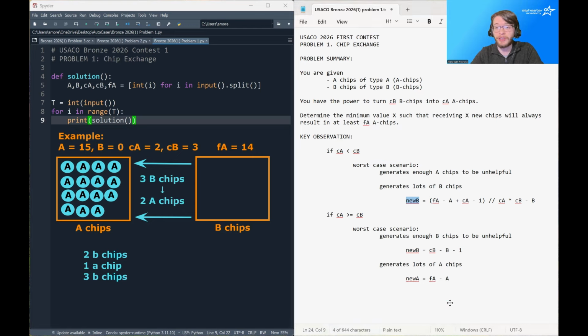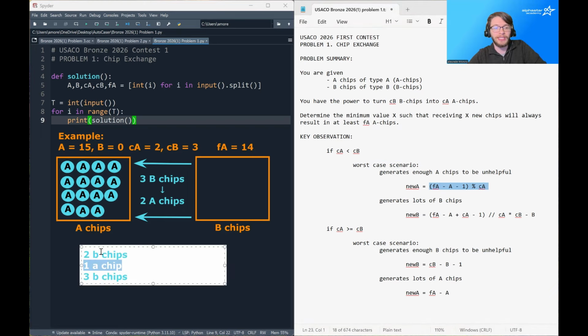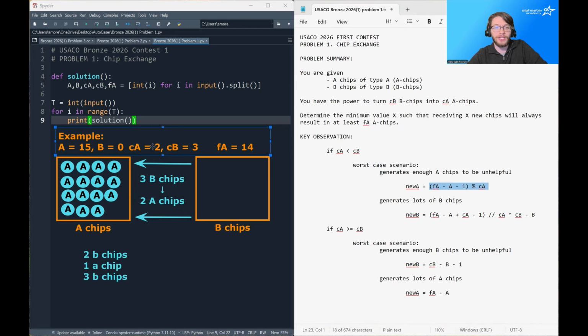The last part here, which is maybe the trickiest, is this idea of generating just enough A chips to be unhelpful. And that's where we add in this formula. As we saw in the example to the left, we were able to sneak in one extra A chip because every time we created a set of C of A chips, that was adding 2 new A chips.